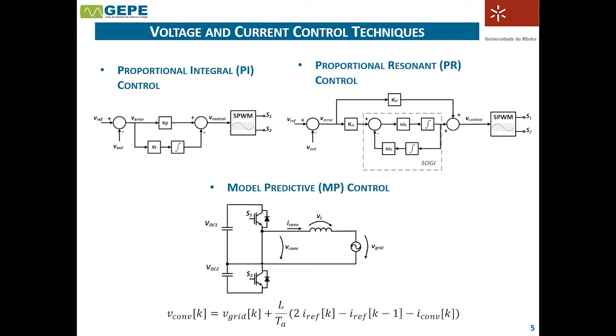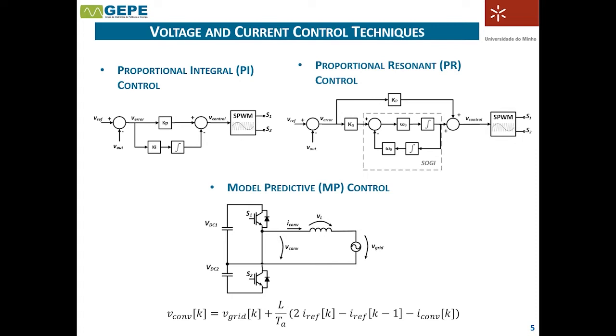The PR control uses the error between the reference voltage, Vref, and the output voltage of the converter, Vout, as in the PI control. The resultant signal, V error, is multiplied by a resonant gain, Ks, which will be input from a second-order integrator, SOG. The V error signal is also multiplied by a proportional gain, Kp, that will be summed with the output of the second-order integrator.